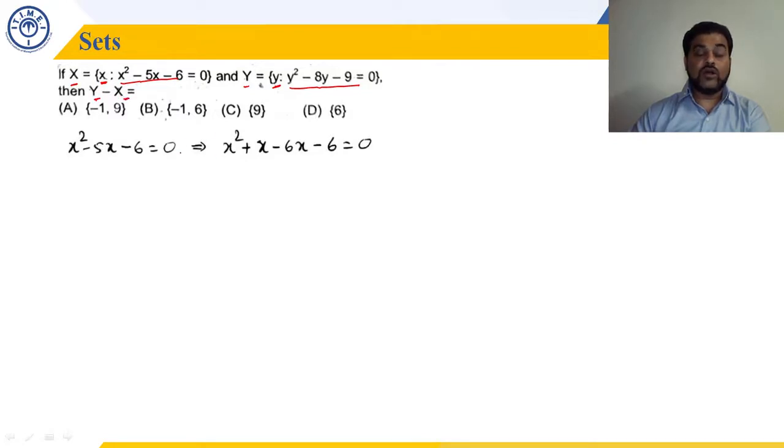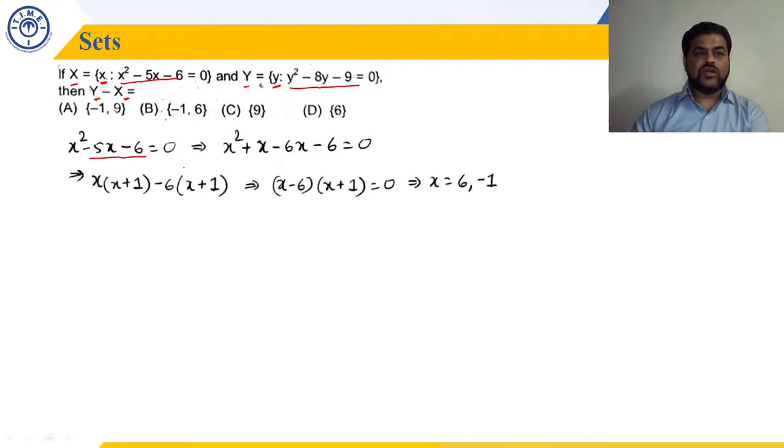When I solve this, it is a quadratic equation. We have learned how to solve a quadratic equation. We split the middle term, take common terms, simplify, and you will get the value of x as 6 and minus 1. So the set capital X has two elements, 6 and minus 1.